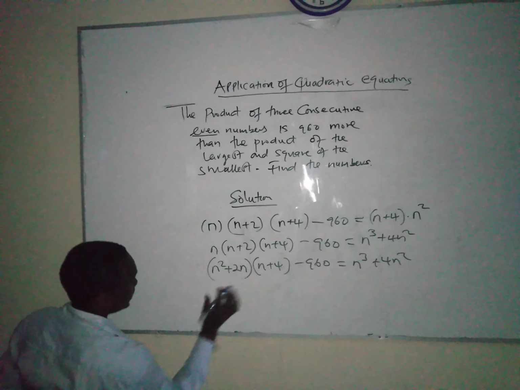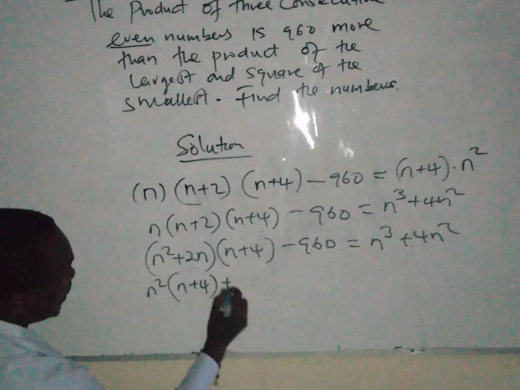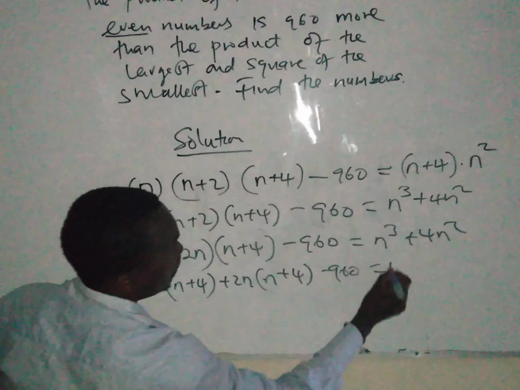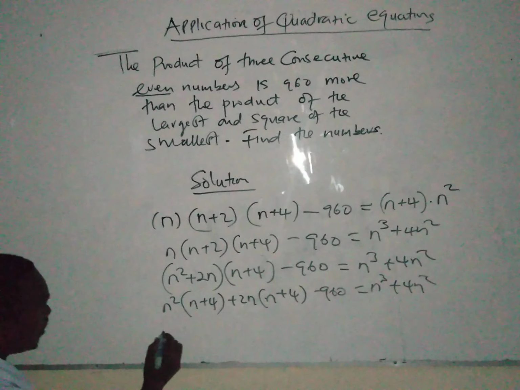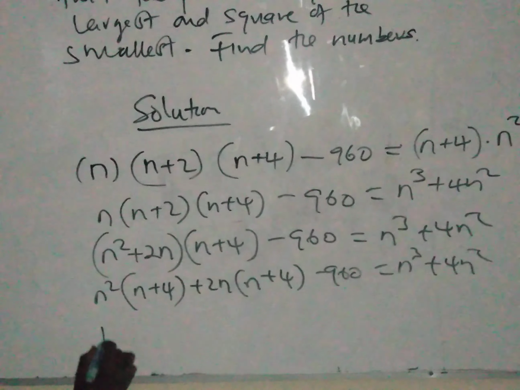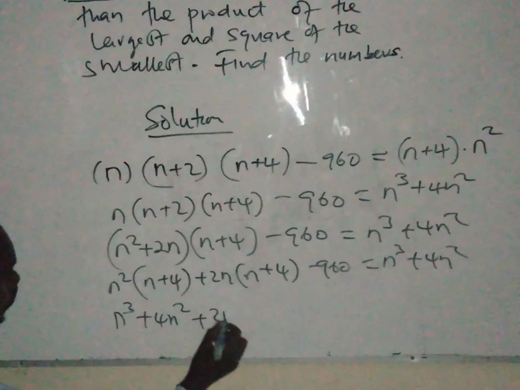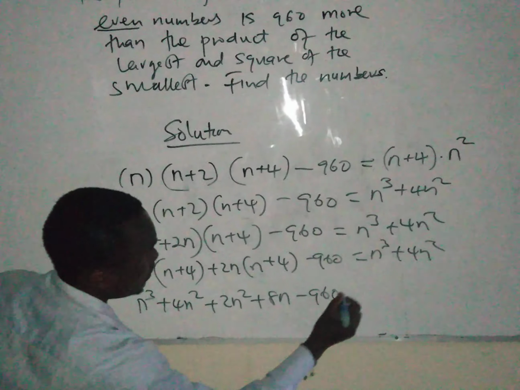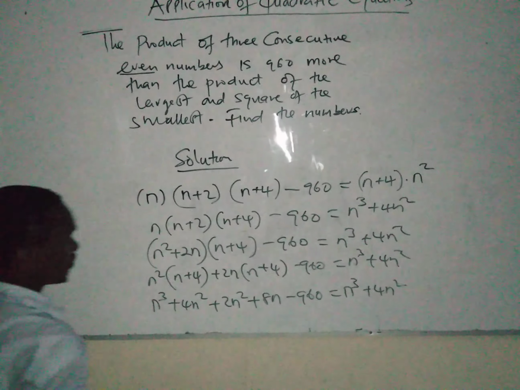So expanding these parts, you're going to have n squared into n plus 4 plus 2n into n plus 4 minus 960 is equal to n cubed plus 4n squared. Distributing over, you have n cubed plus 4n squared plus 2n squared plus 8n minus 960 is equal to n cubed plus 4n squared.